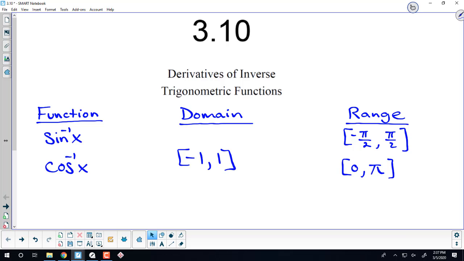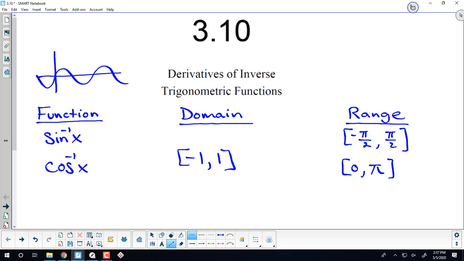You might have talked about it in trig or in pre-calc, how or why that is, but it's based on the idea that for a function to have an inverse, like there's the sine function, for any function to have an inverse, it has to be a 1-to-1 function, meaning that it has to pass a horizontal line test.